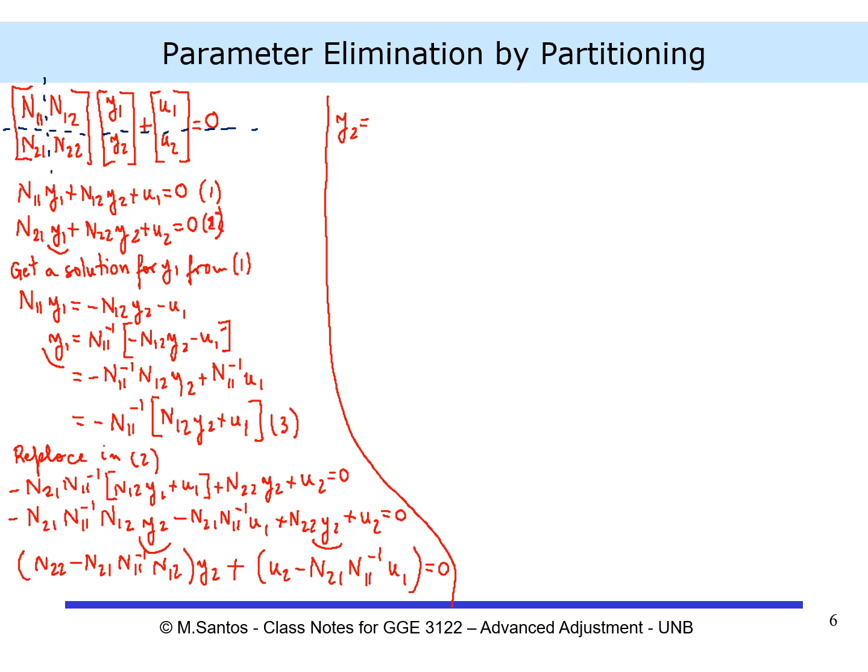The solution for Y2 is then minus N22 minus N21 N11 inverse N12, inverse, multiplying U2 minus N21 N11 inverse U1.